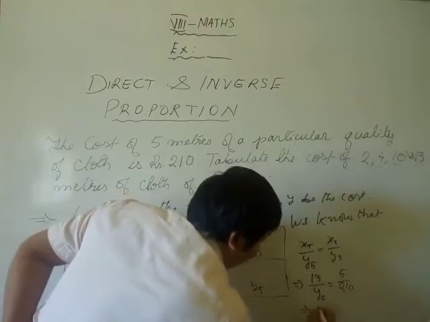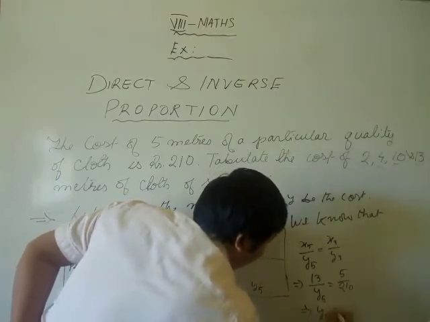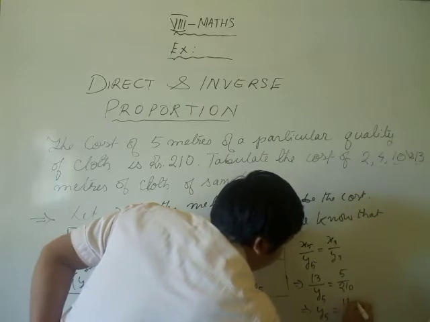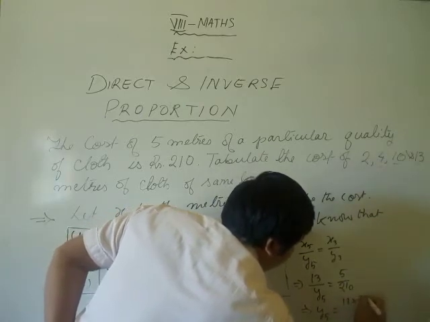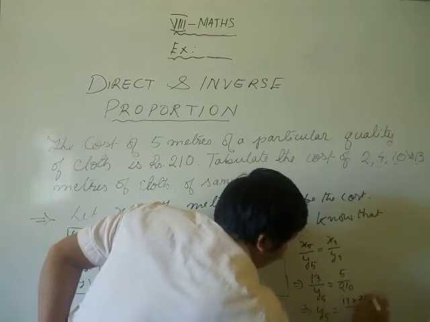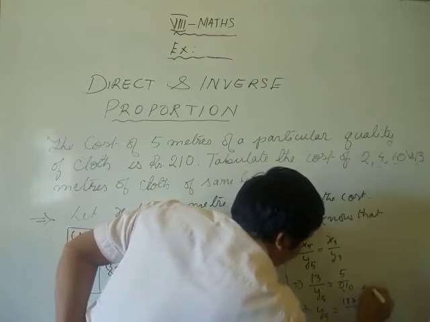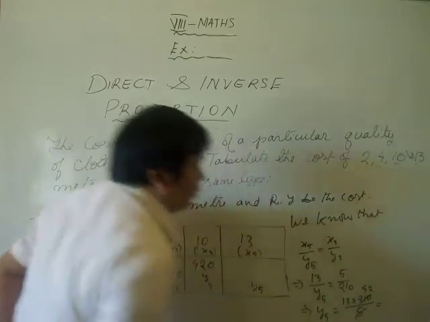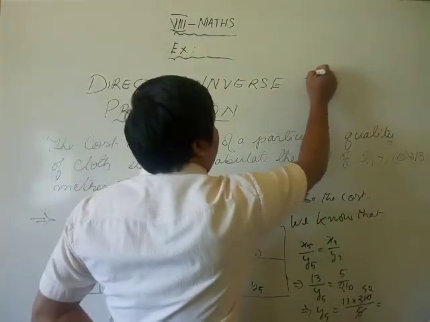Then y5 will be 13 into 210 divided by 5, and this cancels to 42. So 13 into 42, how much do you get? Let's see, 42 into 13.